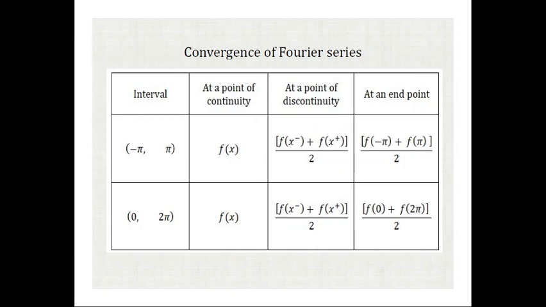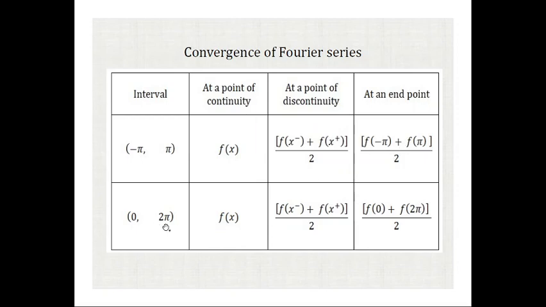Understand this carefully. You have the series expansion f of x equal to something, and you need to find the value of the series at x equal to pi. Then on the right hand side you take x equal to pi or minus pi directly, no problem with that. On the left hand side you should not substitute x equal to pi directly. It should be f of minus pi plus f of pi by 2.